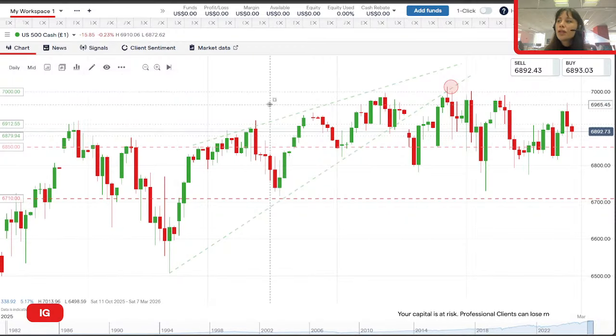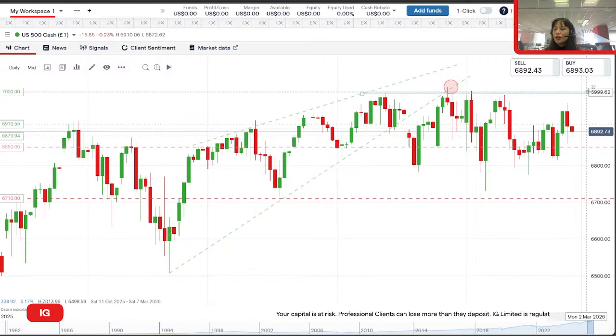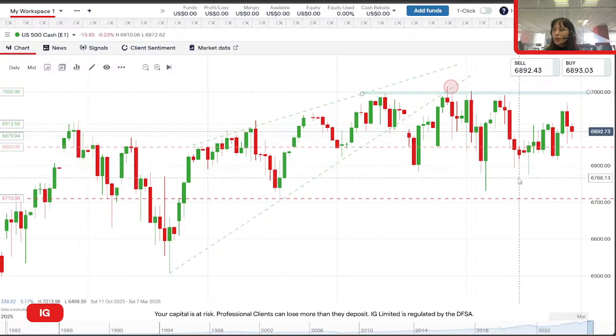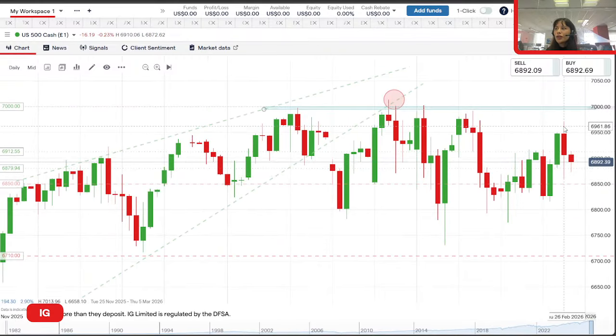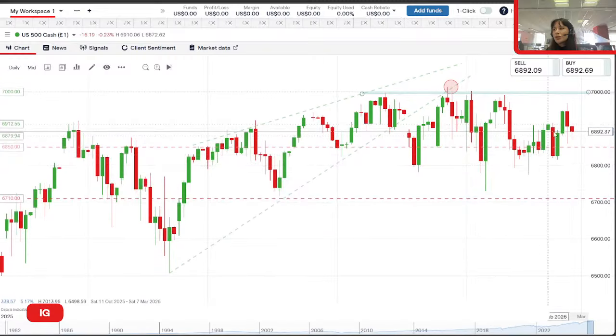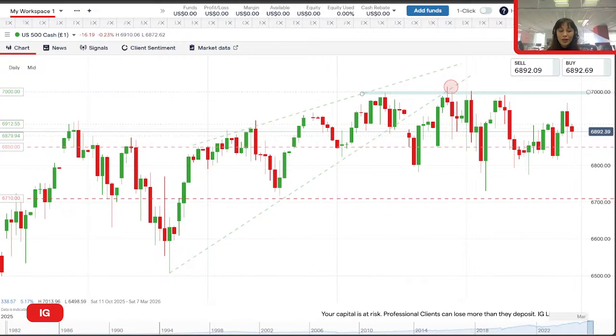resistance on the S&P 500. Also, we saw another bullish momentum in mid-February. We still couldn't materialize it to higher levels than 7,000. So overall, we have high volatility. The S&P is flat for the year.